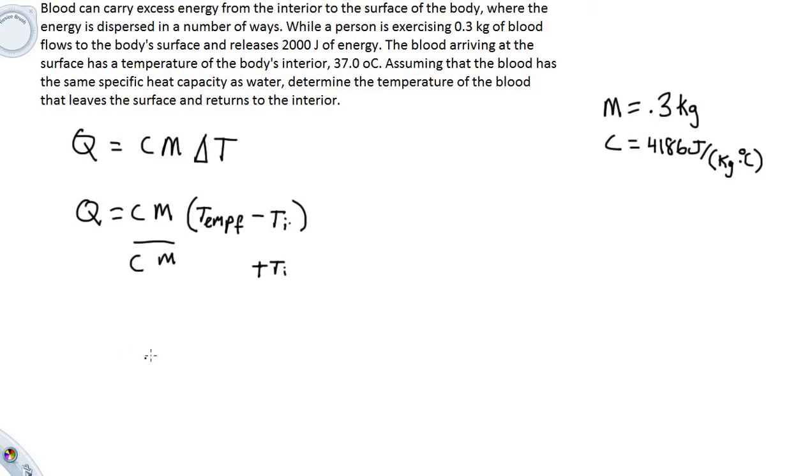So what it should look like is Q divided by specific heat, and then it's plus temperature initial is equal to the temperature final.